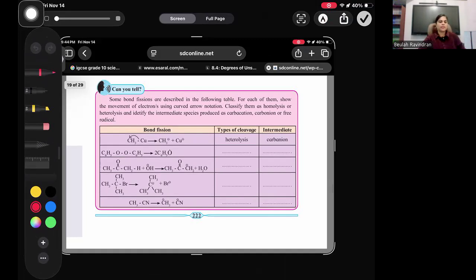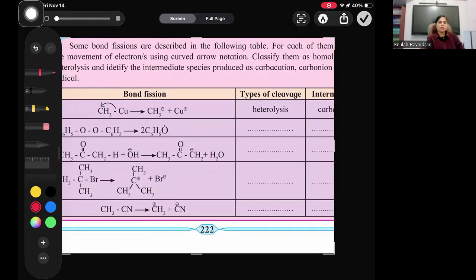Okay. The first bond cleavage you can see here. What is that? CH3, CuCH3. Right. And then you know how the cleavage will be, so how it is formed. From this you can understand what type of cleavage it is.